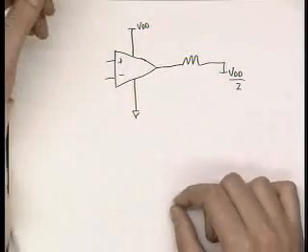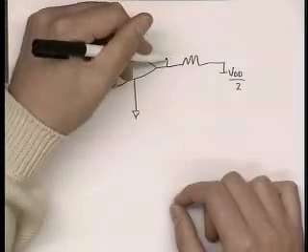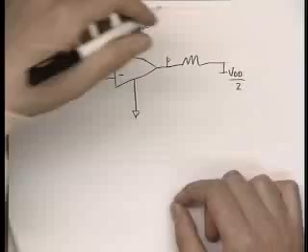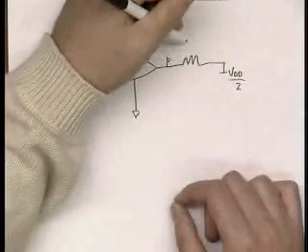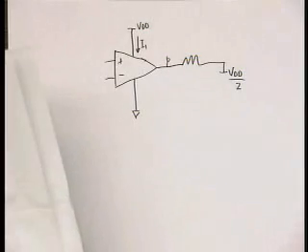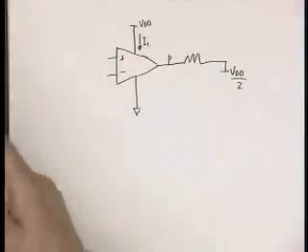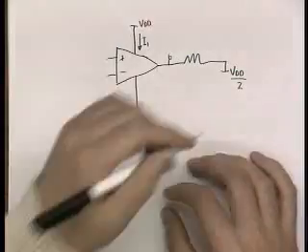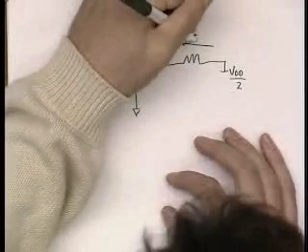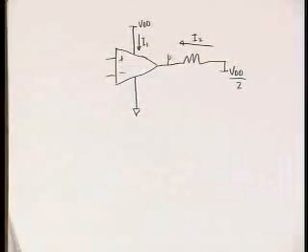So this is basically what your amplifier looks like, right? And so this is I1, and let's call this I2. Okay?